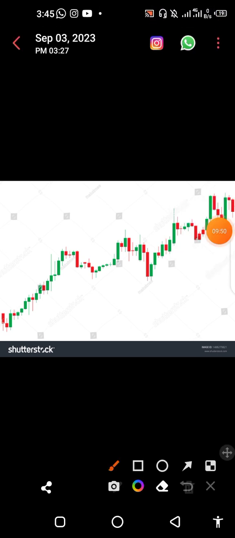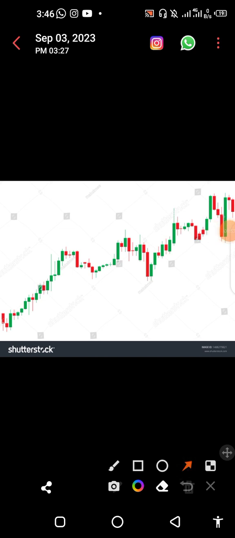So let's look at a raw chart example of an uptrend. All right, so what do we see here? Shout out to Shutterstock. It's through them that I had this image to be teaching you with, right? Okay, so this is a typical example of an uptrend market. Look at where price is coming from.